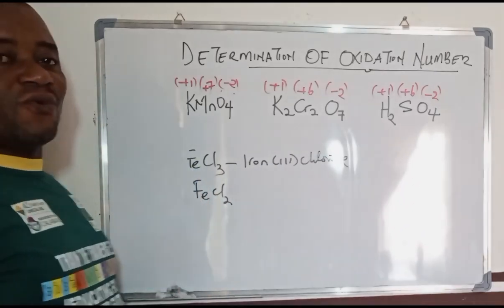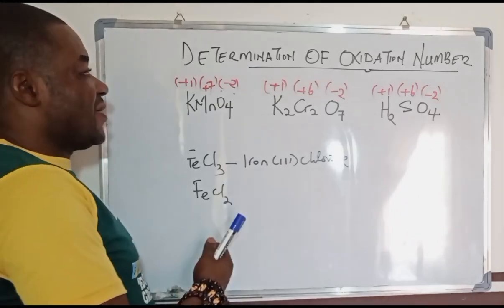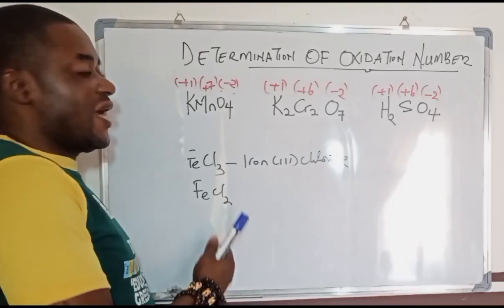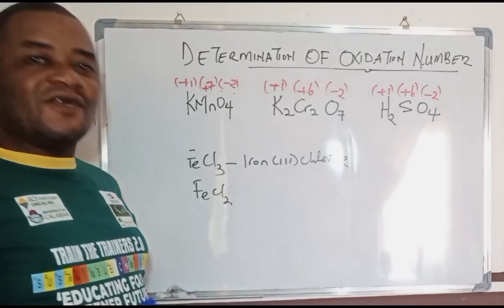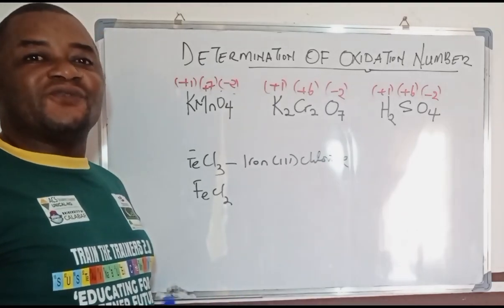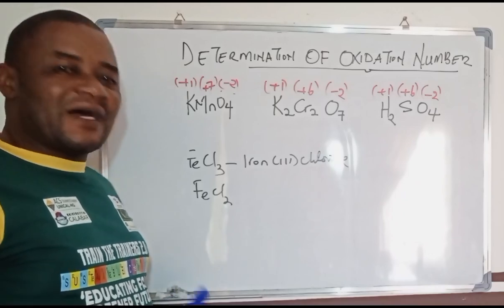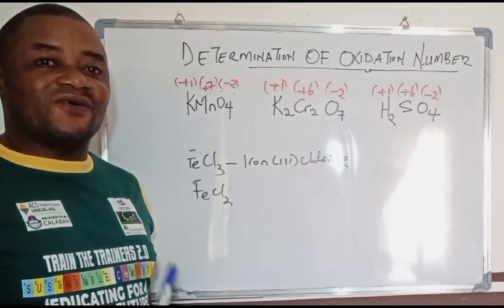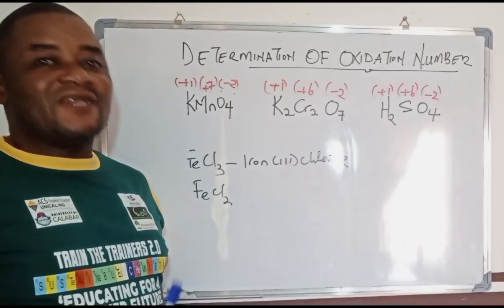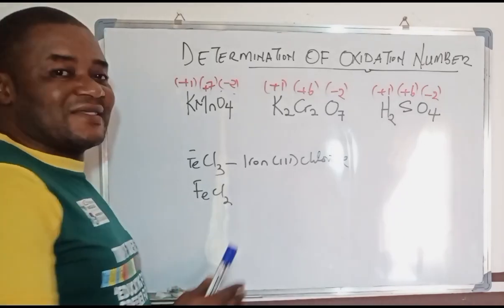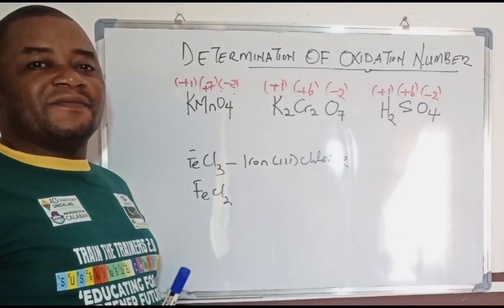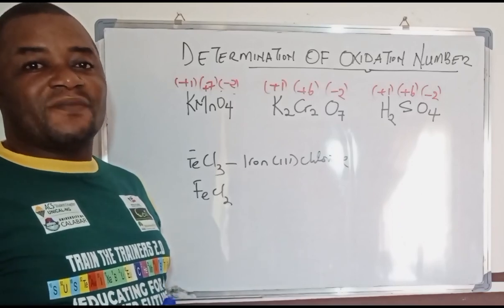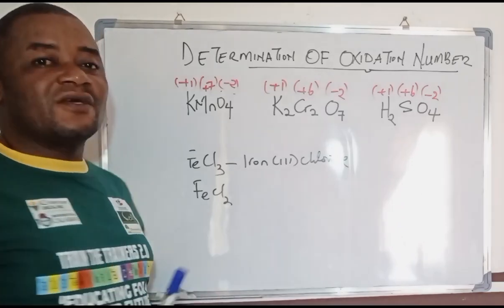And they play a serious role. Apart from allowing you to name compounds, these oxidation numbers also allow you to determine which part of the compound in a chemical reaction is oxidized or reduced. It also helps us to understand the increase or decrease in oxidation numbers in the various compounds.